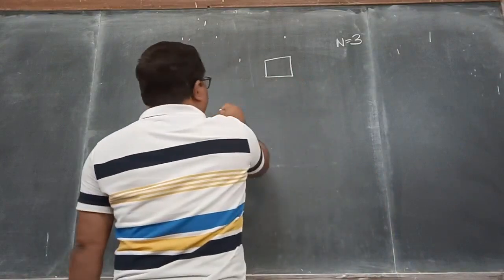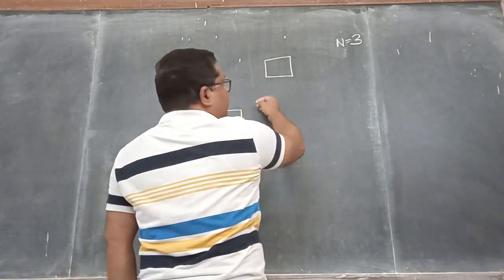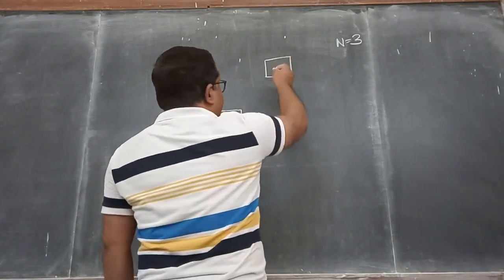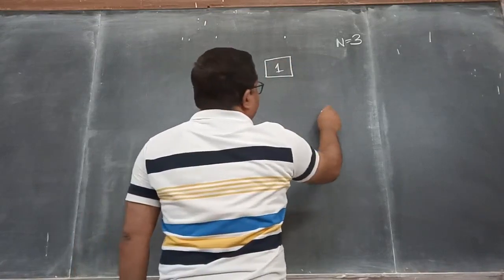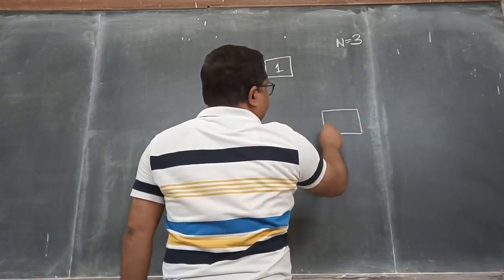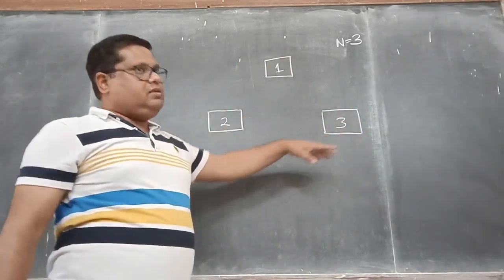So this is detector 1. Whatever you want to call it. This is 2, and this is detector 3. So they comprise an array.